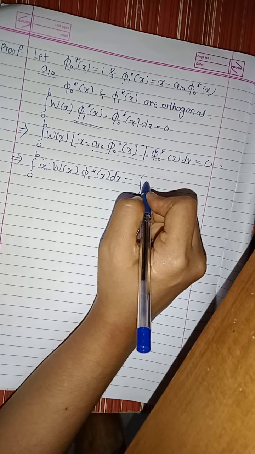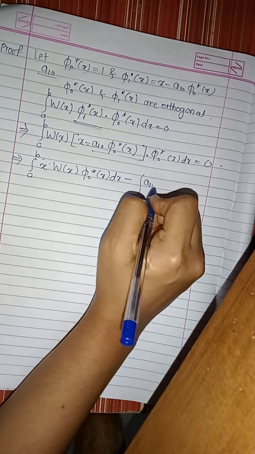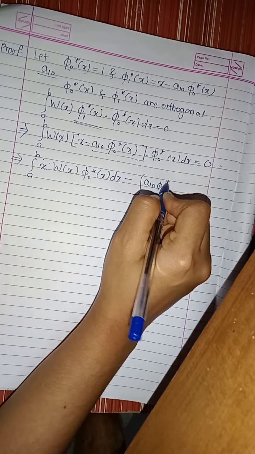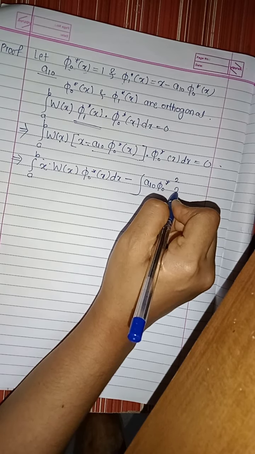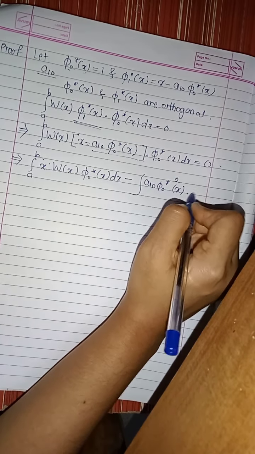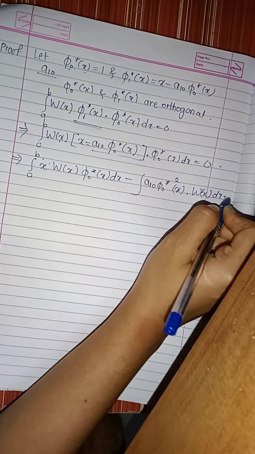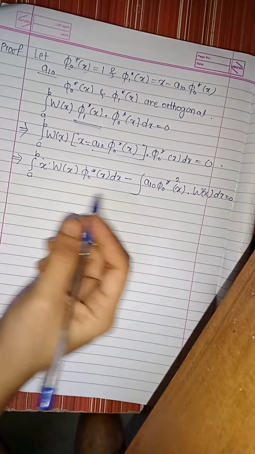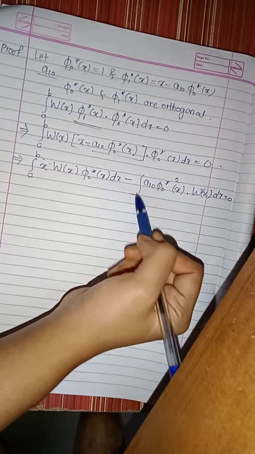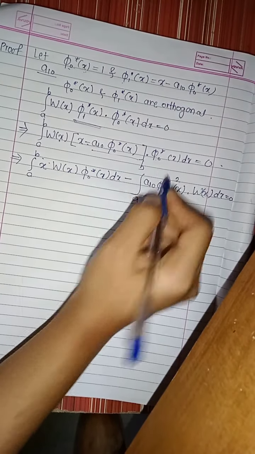So we'll get a10 ∫ φ0*²(x) w(x) dx = 0. So we'll consider this whole term to the right hand side.